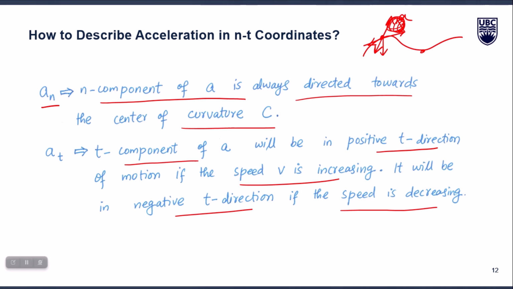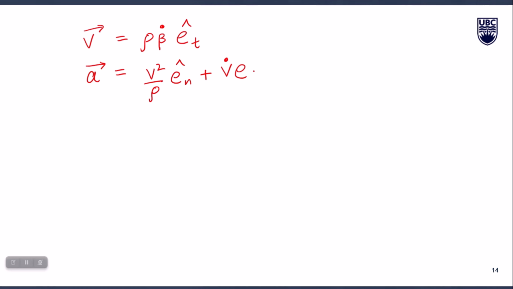So before moving forward, let's quickly summarize what we have discussed up till now. We know that the velocity vector is equal to rho times beta dot times e sub t unit vector. Similarly, the acceleration vector is equal to v squared over rho times e sub n plus v dot times e sub t unit vector, right?